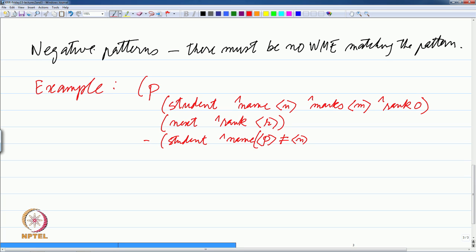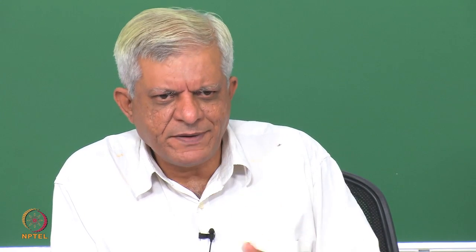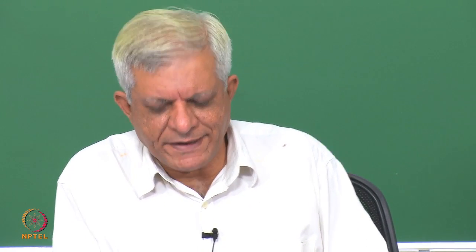We can specify something like this, that there is a student who is different from the first student that we are talking about essentially, whose name may be P, whatever P is, but it must not be N essentially.